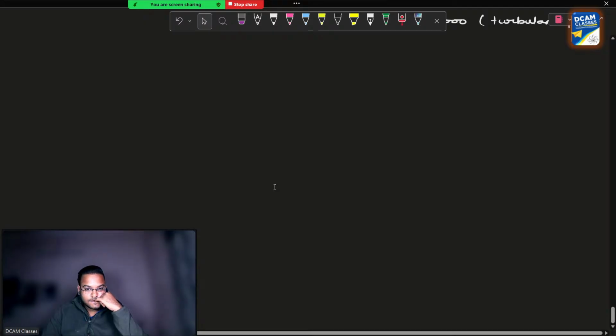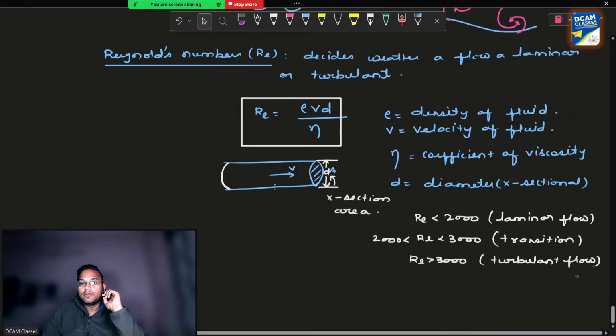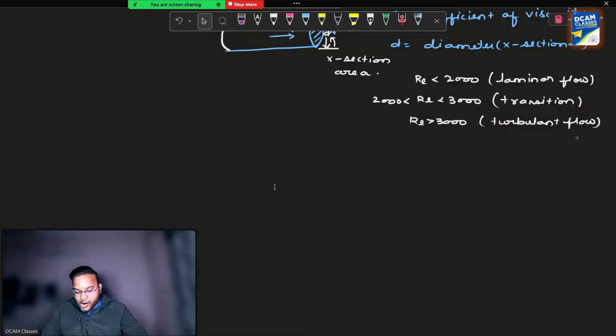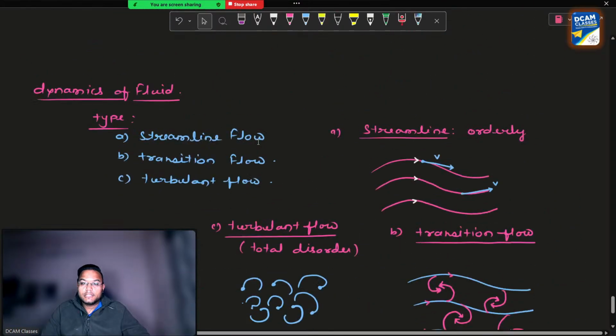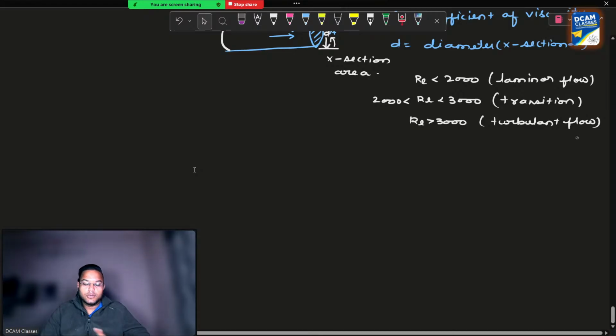So when you study deeper, you will study about turbulent flow and all in your higher classes. Now, when we study the mechanics of fluid, meaning dynamics of fluid, there are actually only two laws on the basis of which you will be solving every question, every concept of this dynamics of fluid.